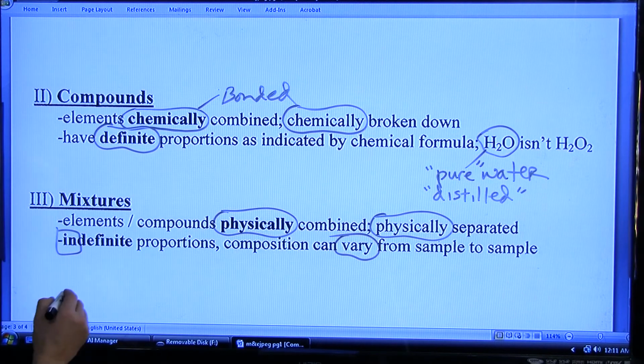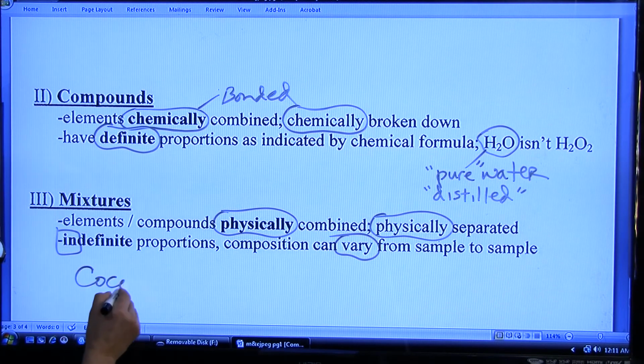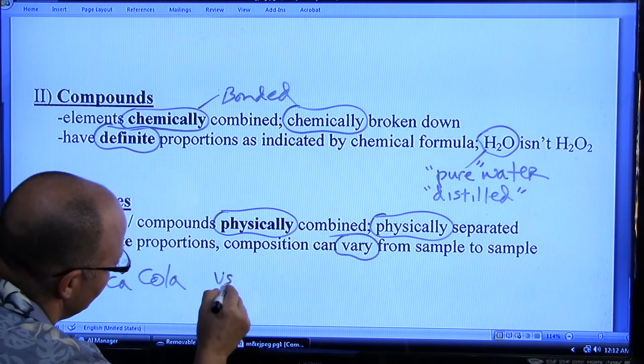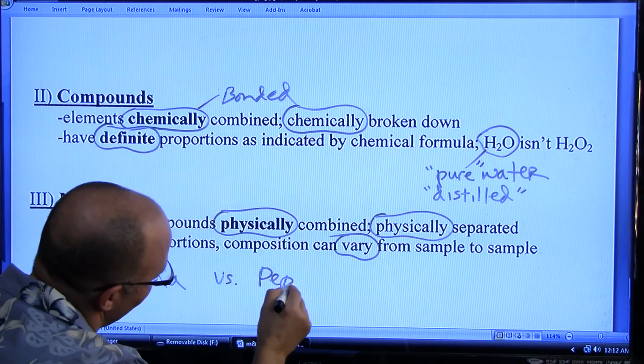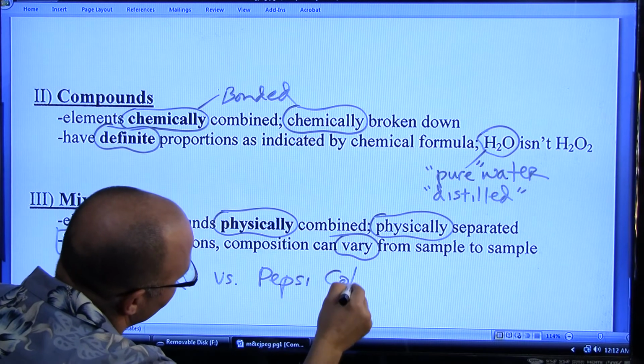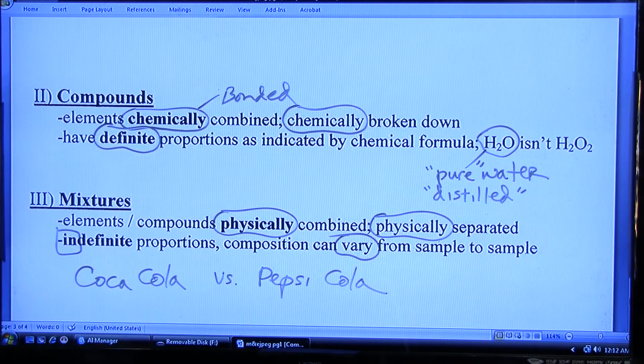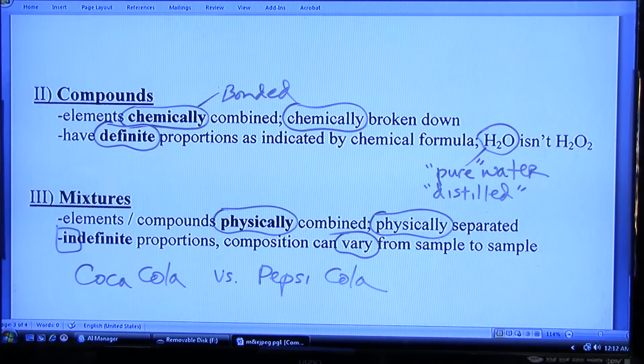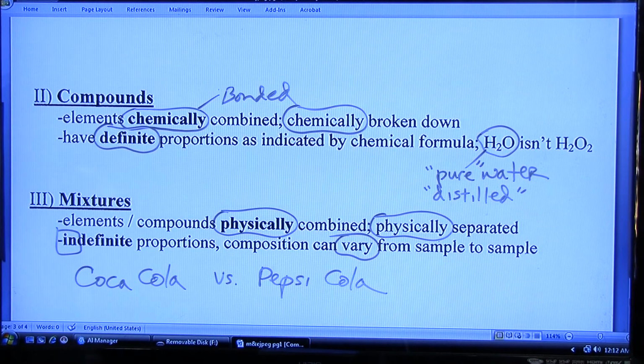For example, let's compare Coca-Cola versus Pepsi-Cola. If you look in the back of a Coca-Cola can or a Pepsi can, you'll see a list of ingredients. Now, the amounts of each of those ingredients is totally up to the manufacturer.